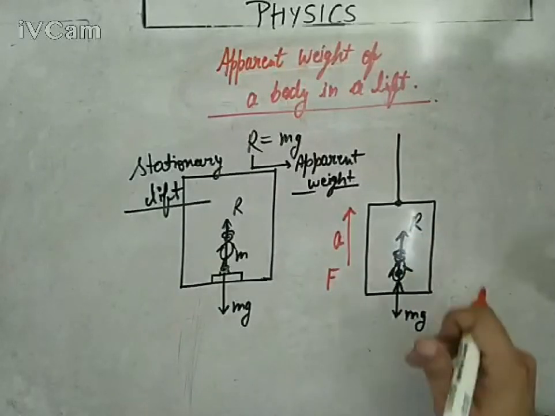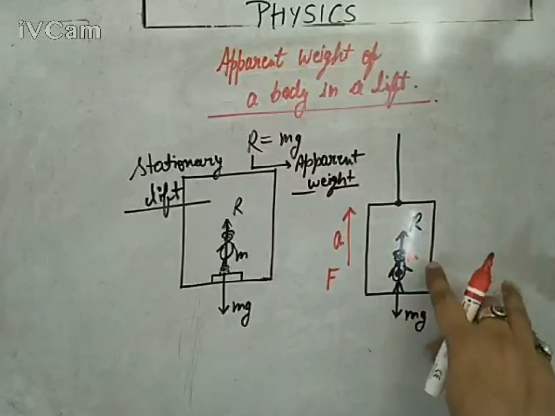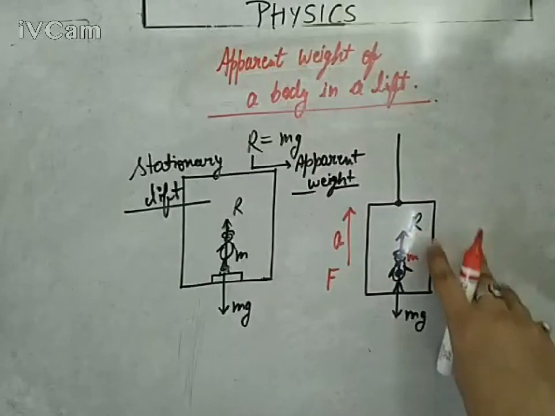That's why the person is moving in upward direction. Here we are neglecting the weight of the lift. So ultimately the person is moving in upward direction, it means reaction is greater than mg.